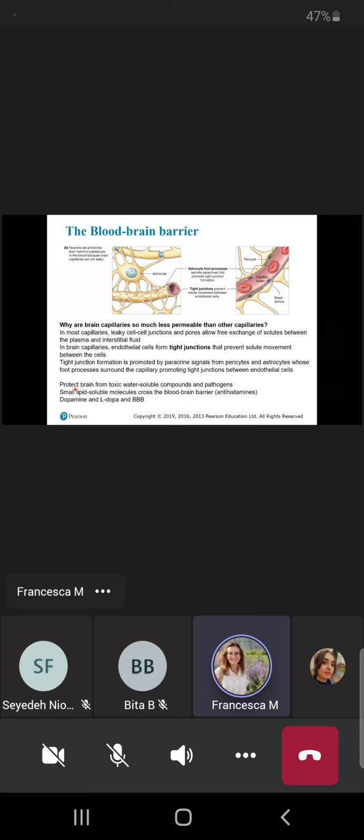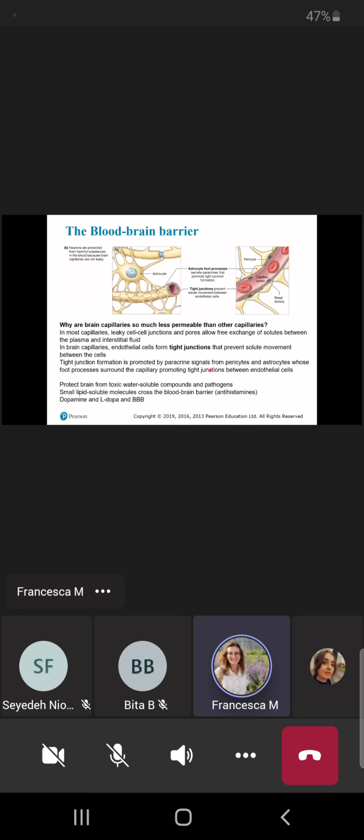The most common therapy for Parkinson's is the administration of L-dopa, that is a precursor of dopamine, because the blood-brain barrier is not permeable to dopamine. So the L-dopa can be transported across the blood-brain barrier using some specific transporter.